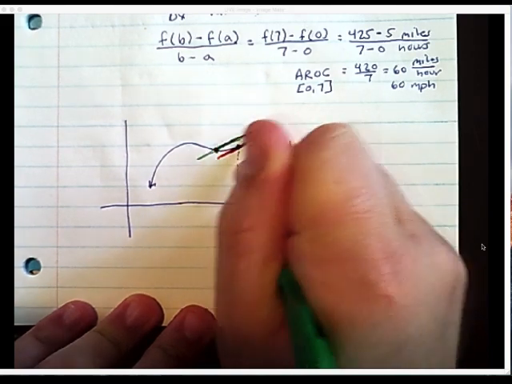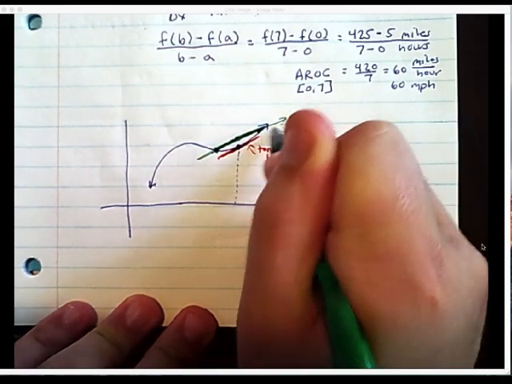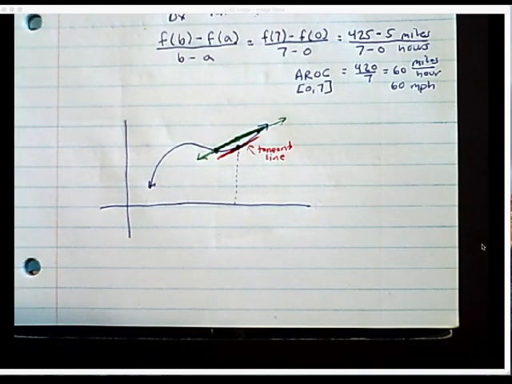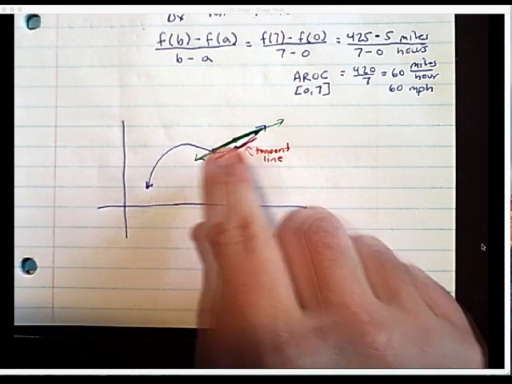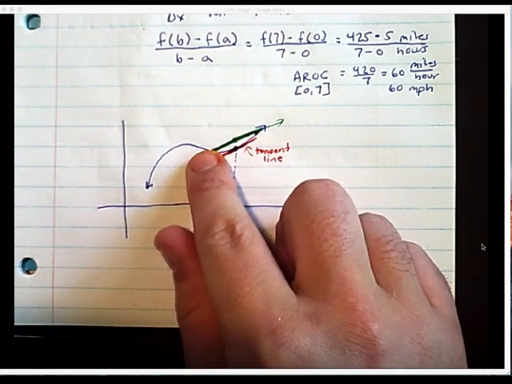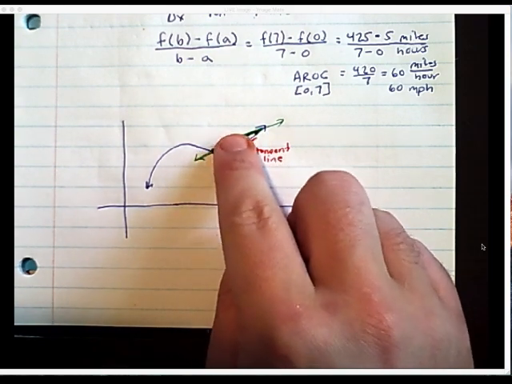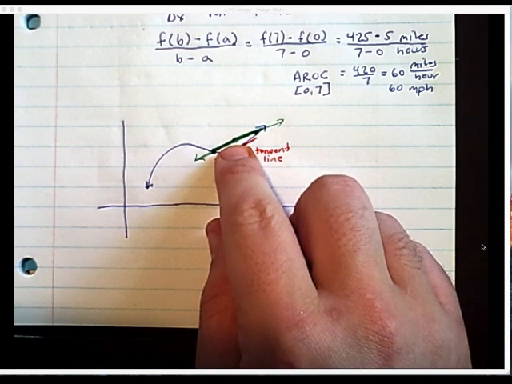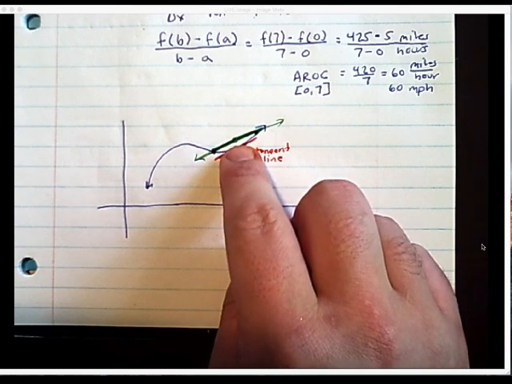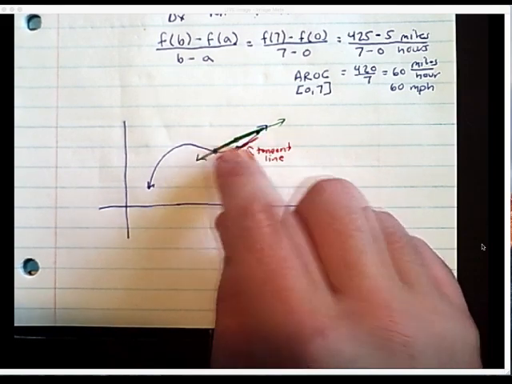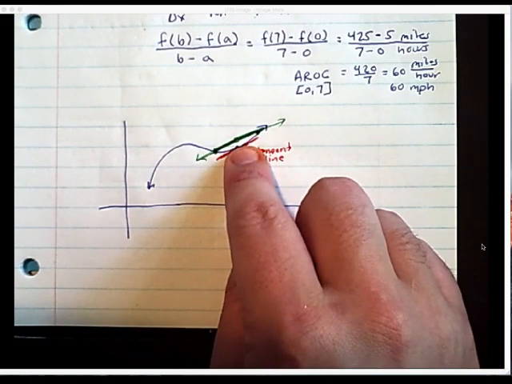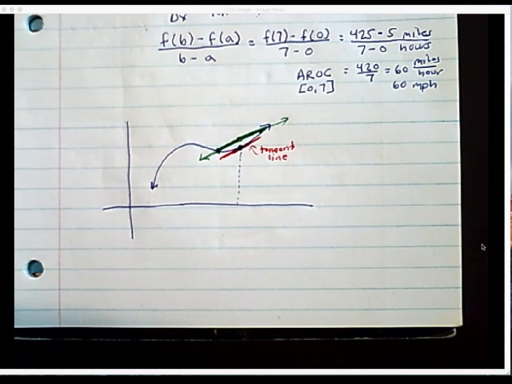Okay, so here's the thing. If you look at the slope of this tangent line, and you look at the slope of the secant line, the lines are pretty close to parallel, so they would have the same slopes. As long as you choose 2 points really close to this point, the slopes will be about the same.